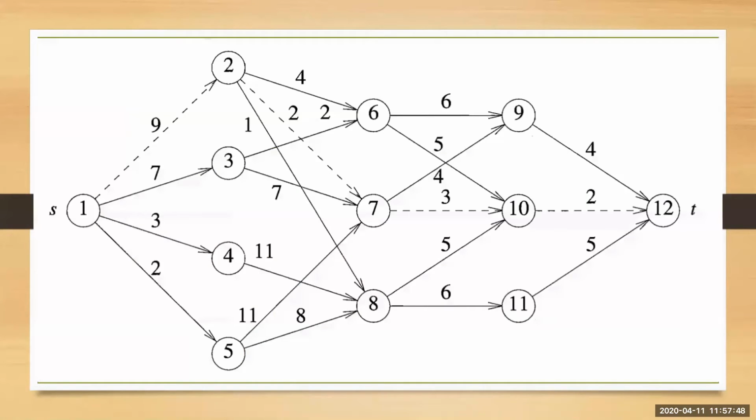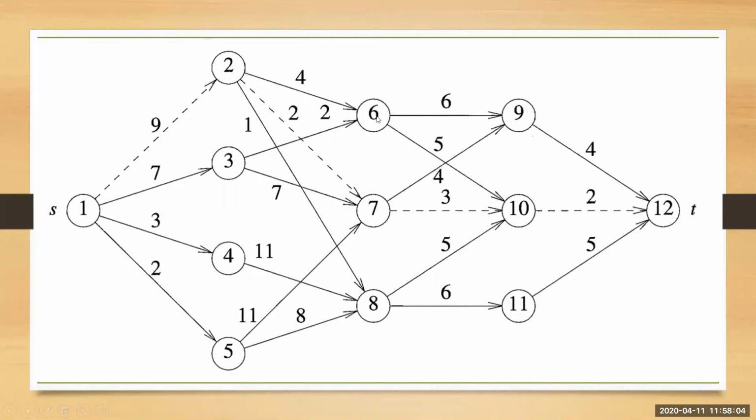For example, 6 is connected to 9 and also connected to 10 in the next stage. Out of these two, we have to calculate whether 6 to 9 is minimum or 6 to 10 is minimum.